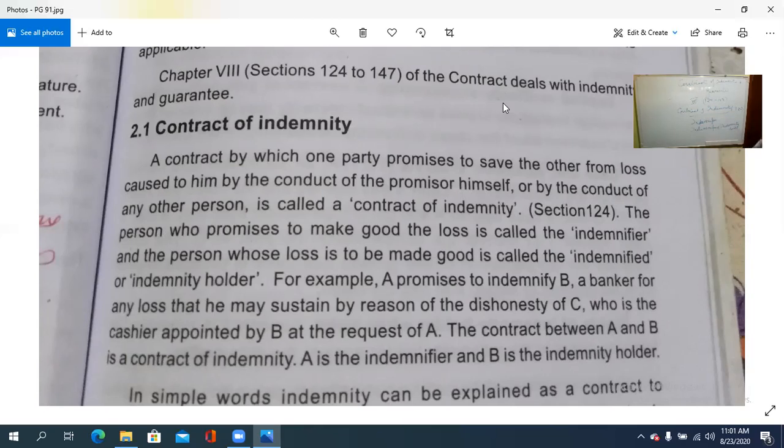That is the case with regard to a contract of indemnity. Section 124 defines this as per the Indian Contract Act. Section 124, this contract of indemnity occurs. That is, a contract by which one party promises to save the other.